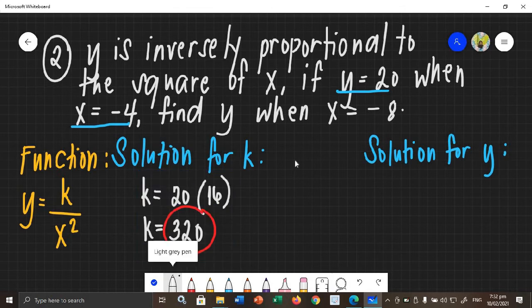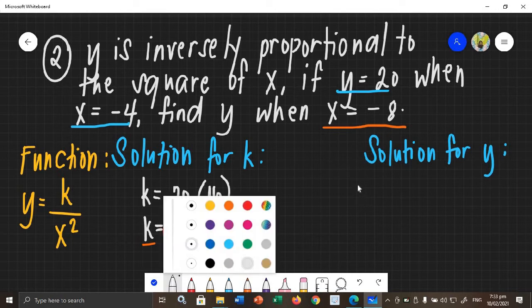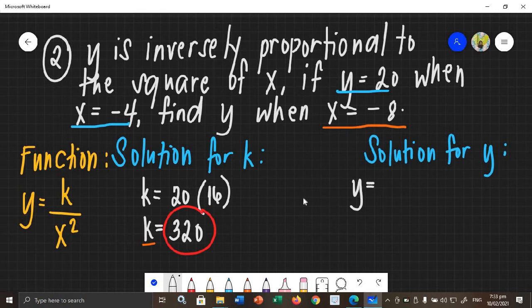Solution for y. So, para ma-solve natin yung value ni y, we need to use the value of k na sinolve natin kanina and then the second value of x which is negative 8. So, substitute natin sila sa function natin. So, we have y is equal to, yung value ng k natin is 320 over negative 8 squared. So, naka-squared siya kasi yung function natin naka-squared dapat si x.